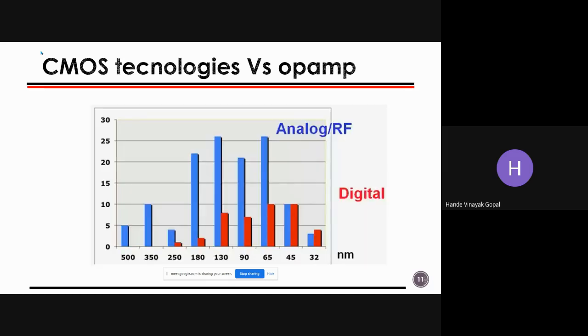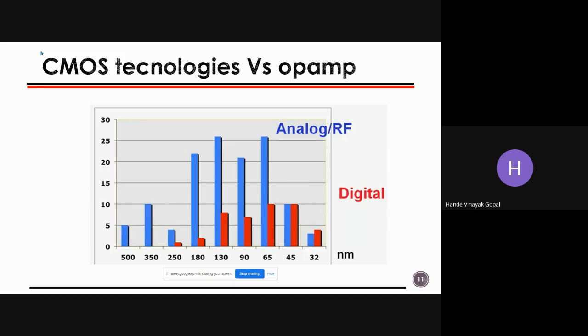Right, and this slide is quite interesting. On the x axis we can see the technology node, and on the y axis we can see how much gain you can get, right? The blue buildings are quite high until the technology node is 65 nanometer, and the red buildings are quite small, right?